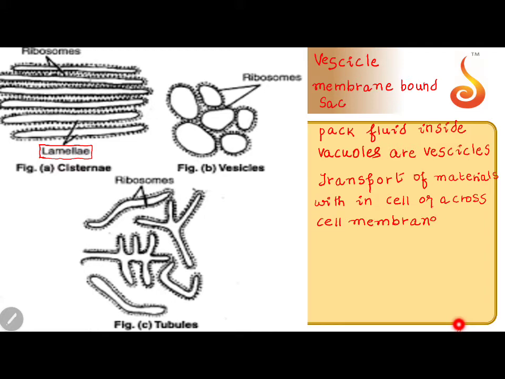So it is a package, a packet of transport. Wherever I see such transportation happening in a membrane bound vesicle, I see them working in the cell or across the plasma membrane. Now the next one: this is the first point, this is the second point, this is the third point, and this is the fourth point.